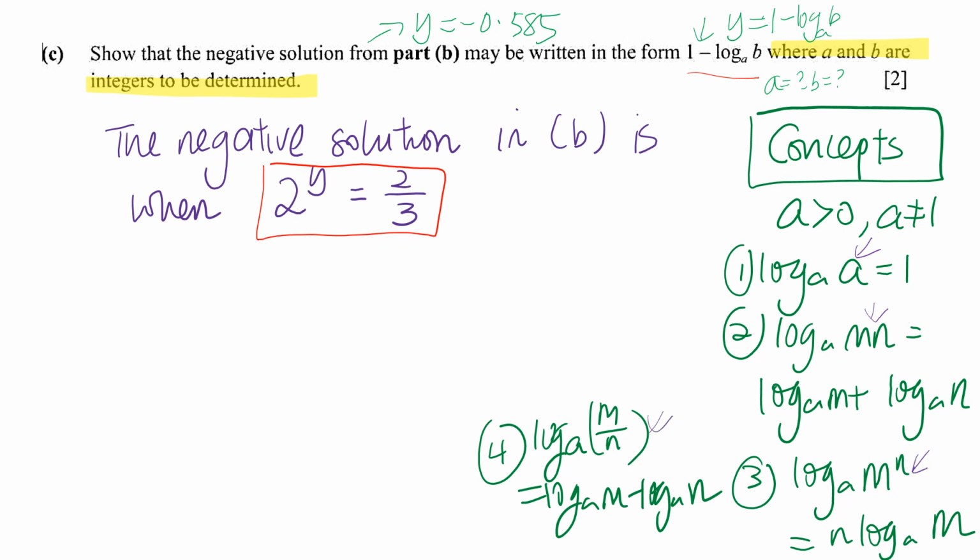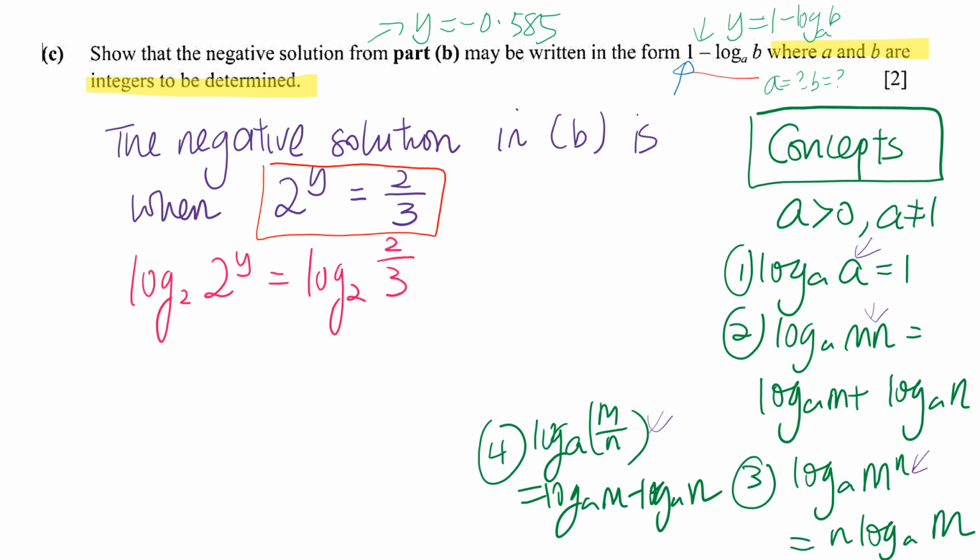Okay, right. So if you look at what you're supposed to get, can you see there's a 1 there? So basically you have to bring log to both sides. It's just that you need to choose what base to use. So to get 1 means I would have to bring log base 2 to both sides. Yes.